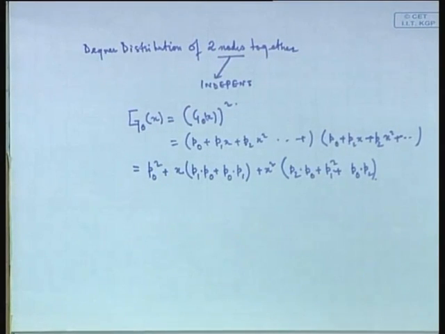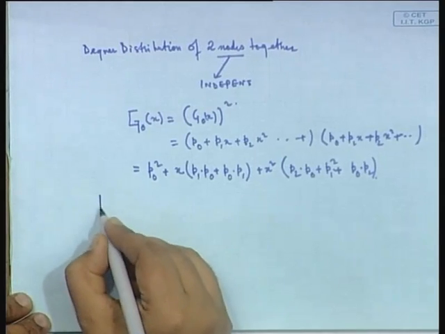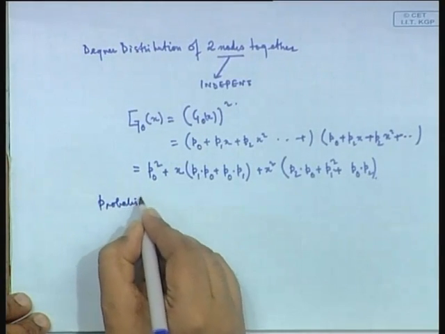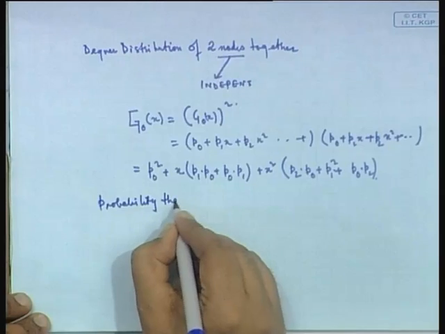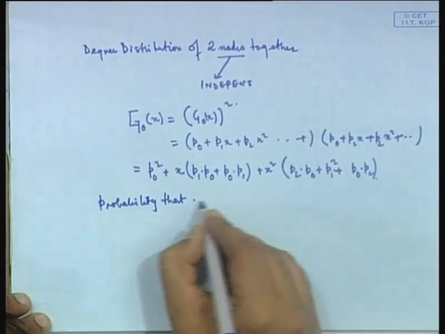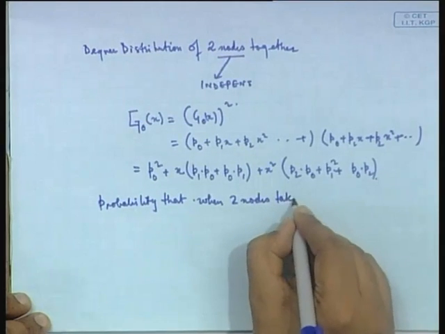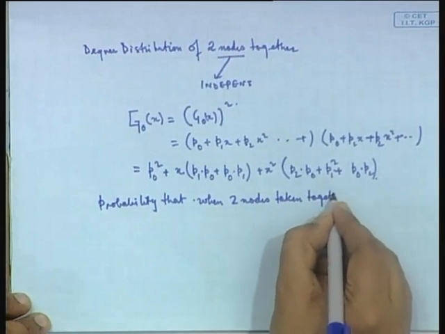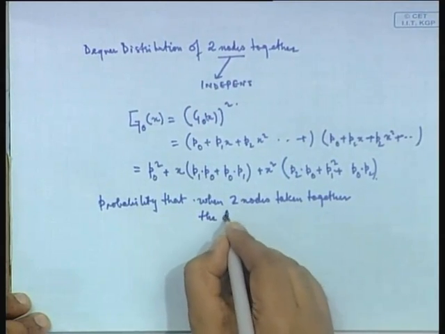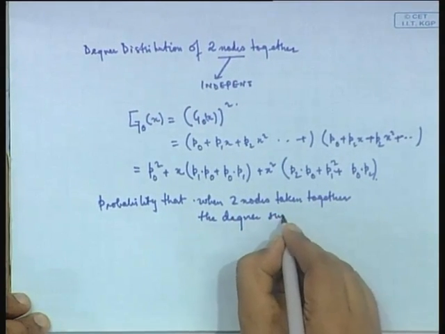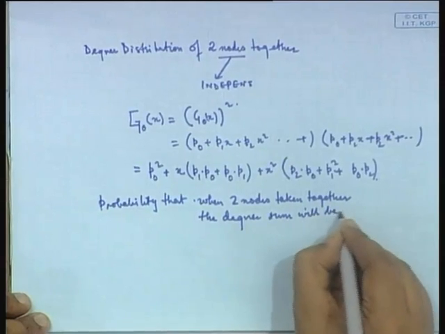Now let us find the probability that when two nodes are taken together, the degree sum will be 2.